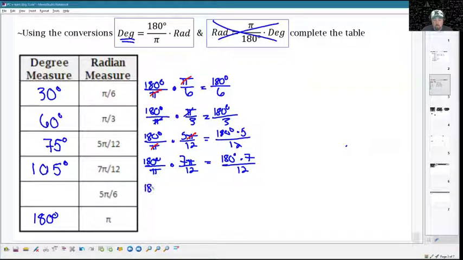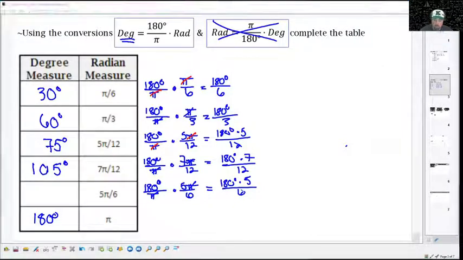One more. 180 over pi times 5 pi over 6. That pi, just like it should appear, I just forgot to cross it out, ends up canceling. So we get 180 times 5 divided by 6. So let's go ahead and plug that through just to be safe. 180 times 5, then divide that thing by 6, and we get 150 degrees.